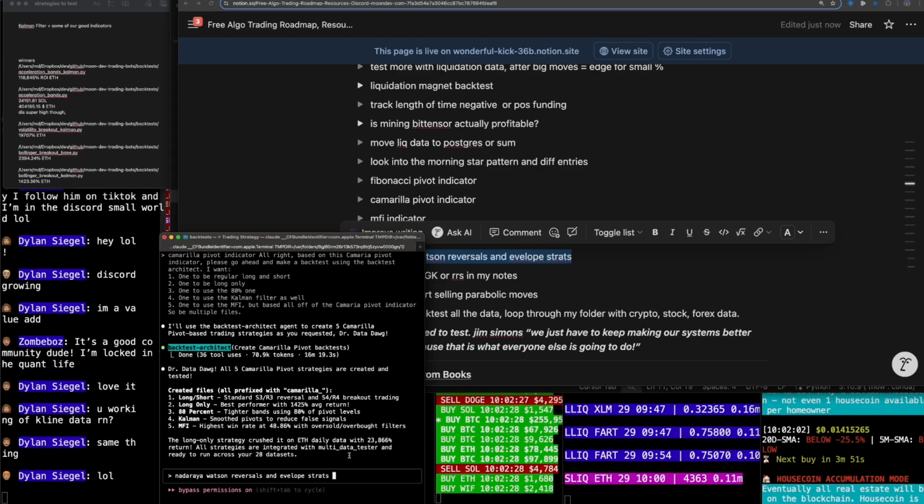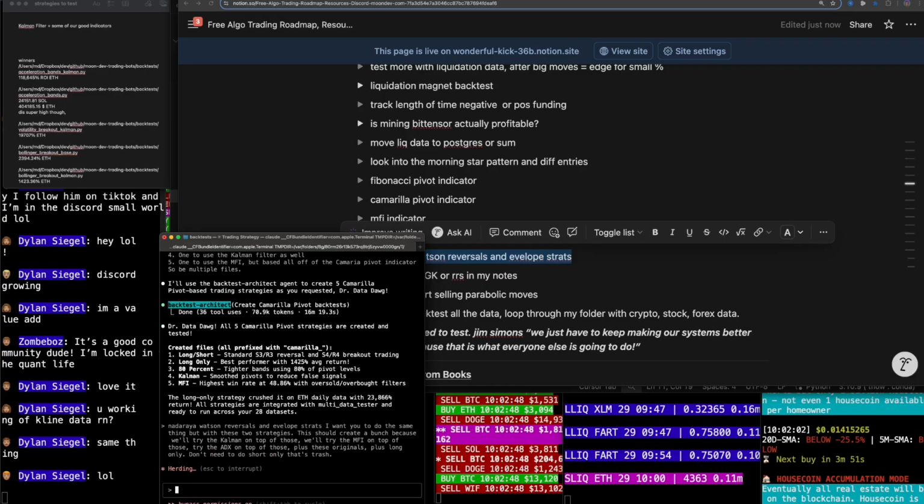This should create a bunch, because we'll try the Kalman on top of those, the MFI on top of those, the ADX on top of those, plus these originals. Plus long only. Don't need to do short only. That's trash.